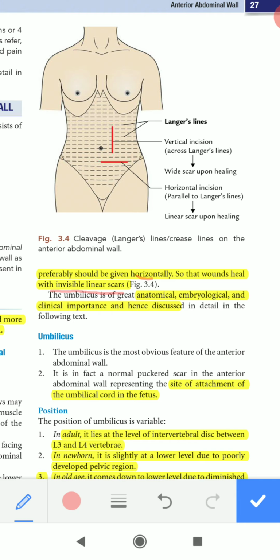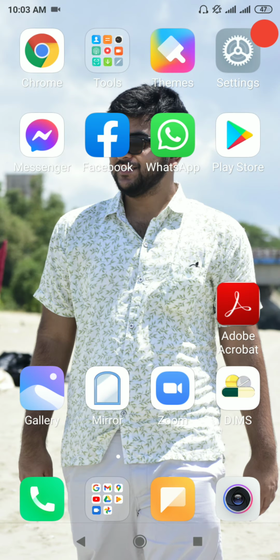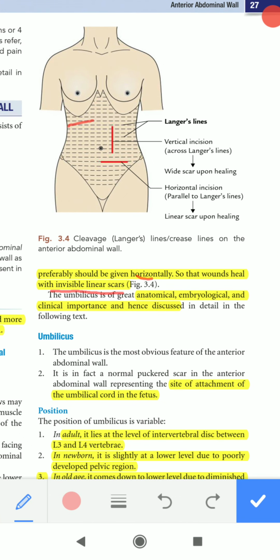So look at that, these are the Langer's lines. This horizontal or transverse line is the Langer's line. So what is the clinical importance? When the surgeon makes an incision on the abdomen for any operative purpose, if he makes the incision along the Langer's line, the scar after the operation will be invisible or minimal, because of the attachment of the collagen fibers.